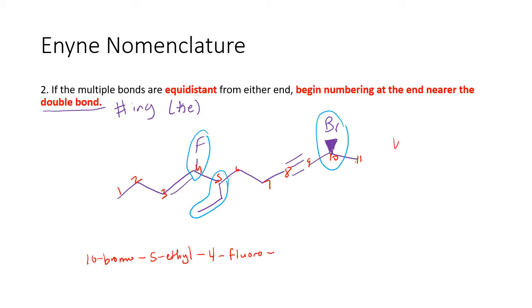We have 11, which is undec. So where's our double bond? It's at 3, en. Our triple bond is at 8, yne.